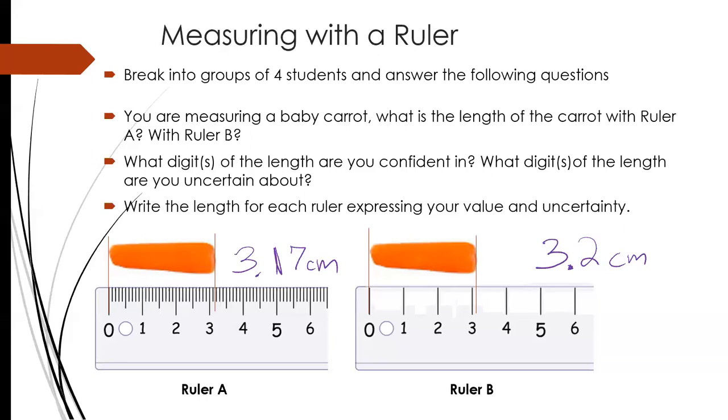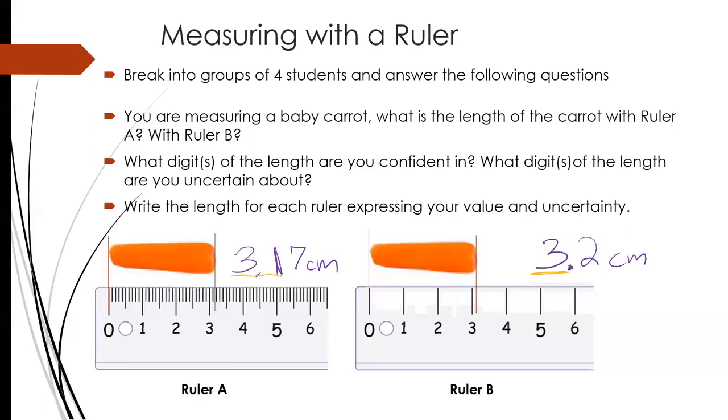So when we're expressing our values, what we want to do is we want to write down that term. So we have our certain numbers. For ruler A, that's the 3.1. We know that those values are true. We know that they can't be 3.0. We know it can't be 3.2. And on ruler B, we know that that one has to be 3.